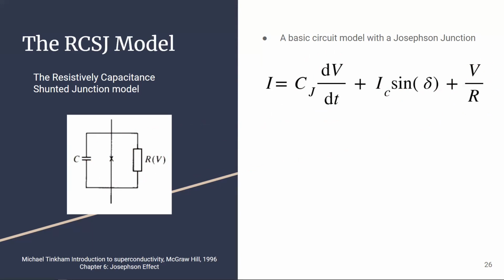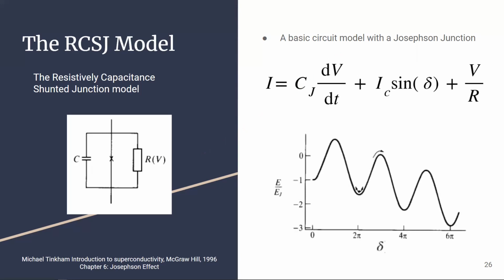But to make a full analysis here, it requires some level of quantum electrodynamics. So we will not go into details here, but we will give the result, what is called a tilted washboard potential for the circuit.